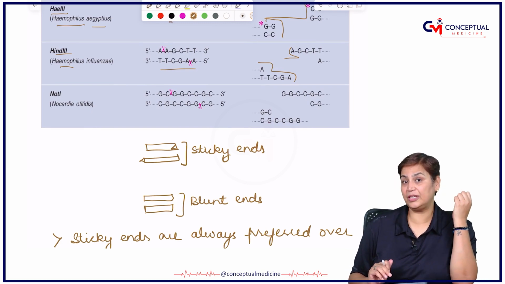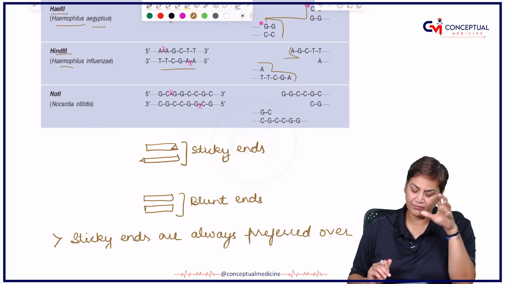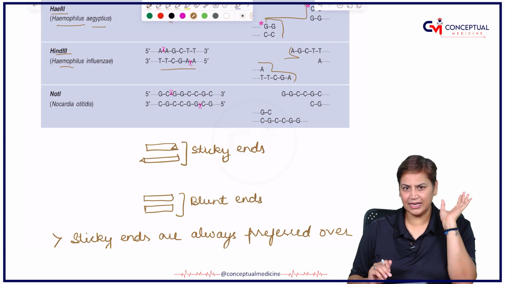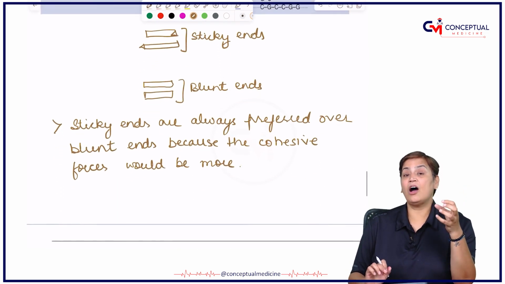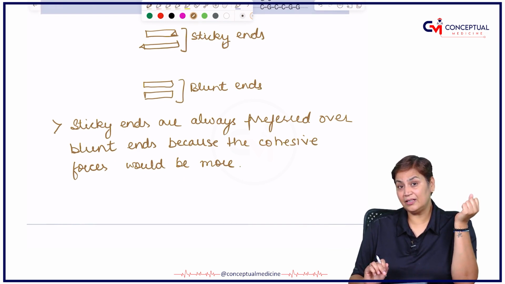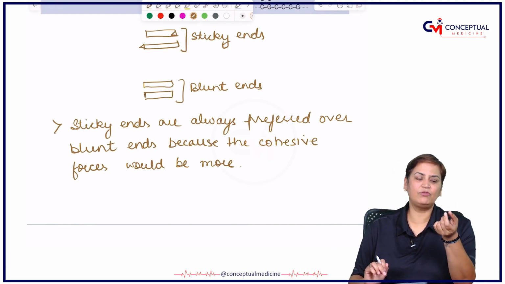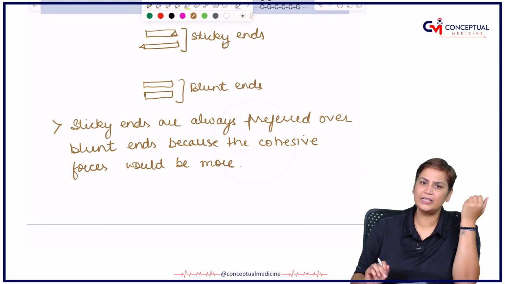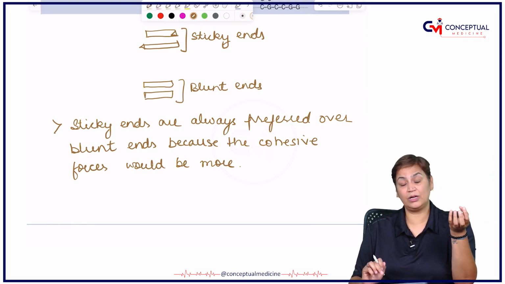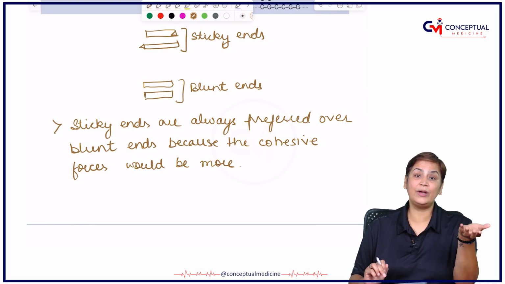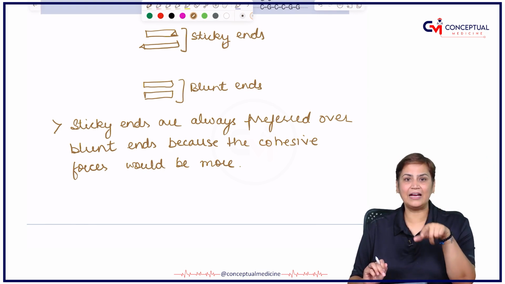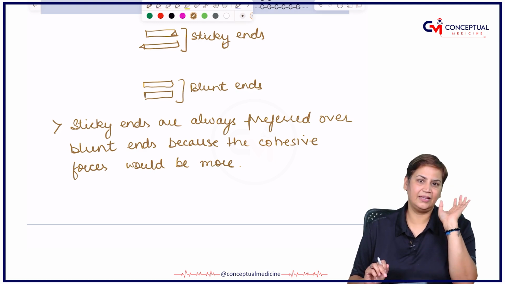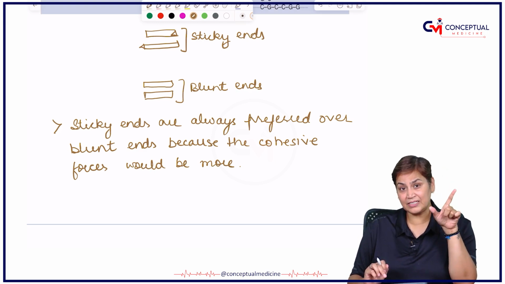Now the question is, we have cut DNA by selecting the respective REs. Now the question is, how much DNA has to be extracted? Suppose we have to isolate 5 to 6 kilobase pairs, or suppose we have to extract 10 to 20 kilobase pairs, so we need to select the vector as per the DNA, because as I told you, that is the first step.